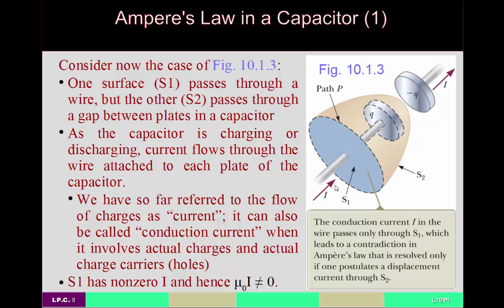So we'll sometimes refer to that as conduction current, and that is what we have meant so far in the course of these lectures when we say current. So anytime that I've said current so far, it has meant conduction current.